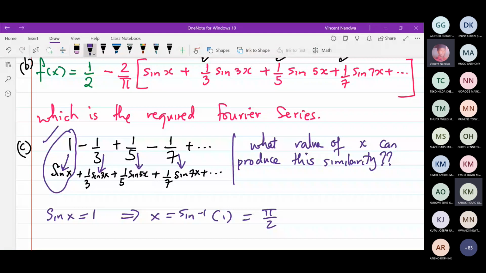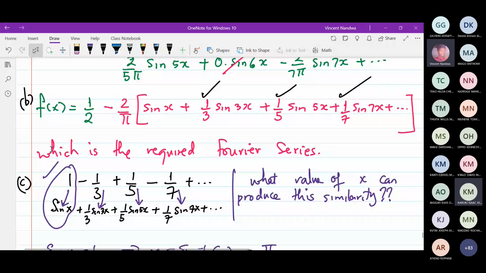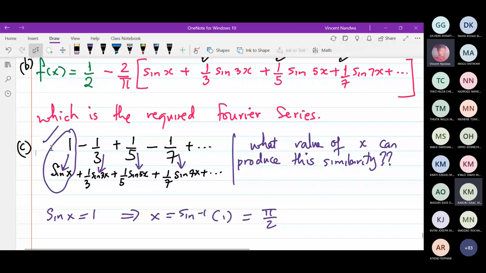So if that works, then it means that in the series in B, everywhere there's x, we put pi over 2. Because if we put pi over 2, then in that equation we'll get a series which is exactly the same as what you have to solve. So we say let x be pi over 2.